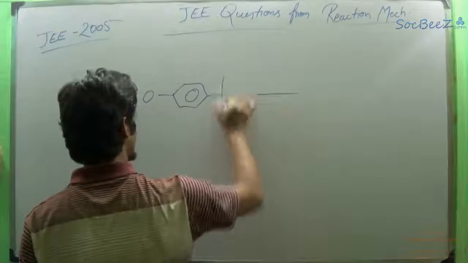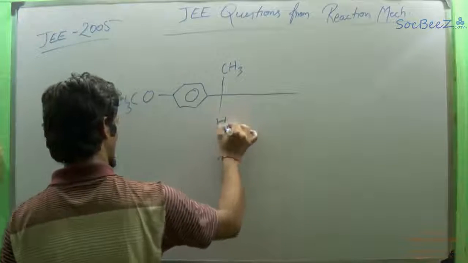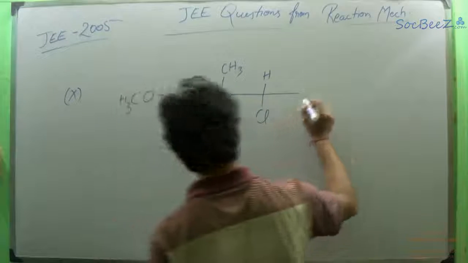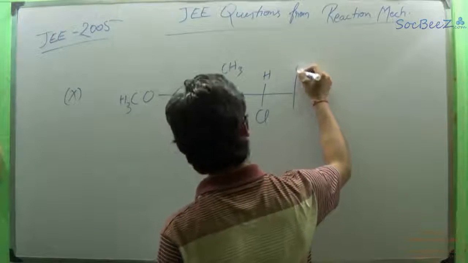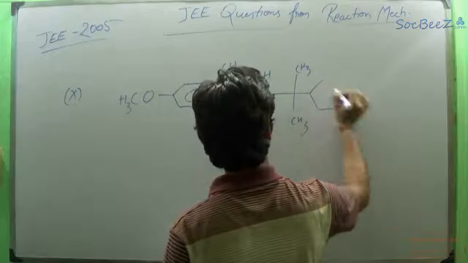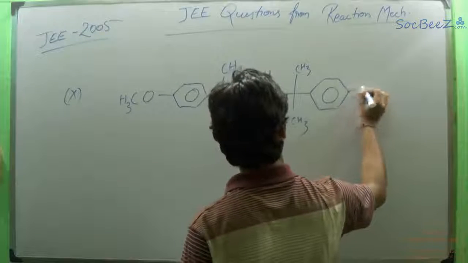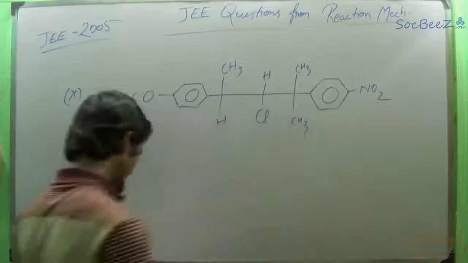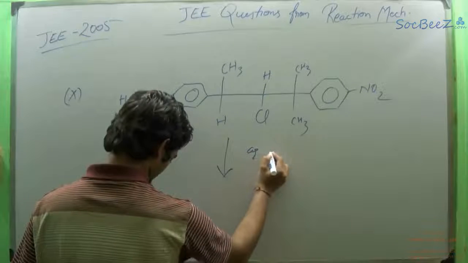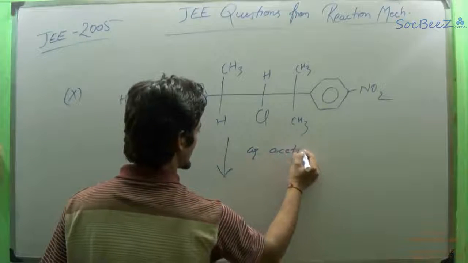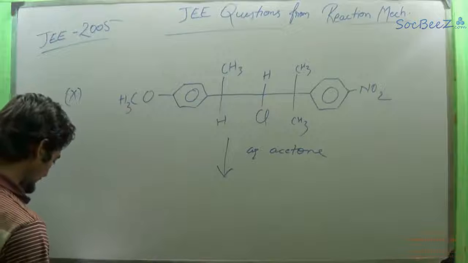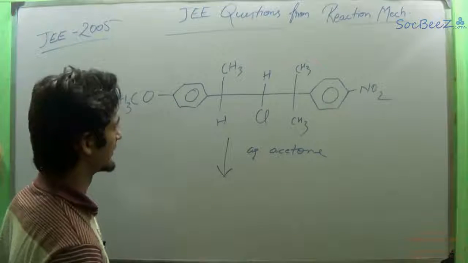Then there is CH3, H, Cl, CH3, CH3, again a benzene ring, and then an NO2 group. So it is asked that aqueous acetone is being mixed in the reaction mixture. What should be the products?